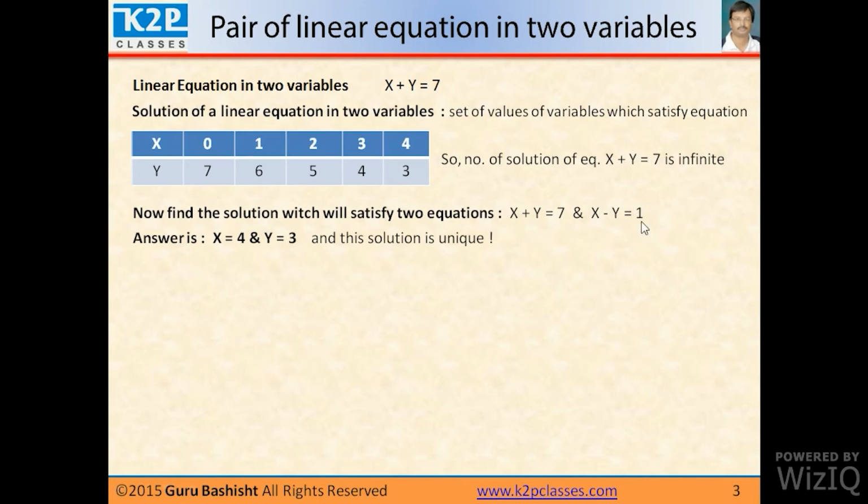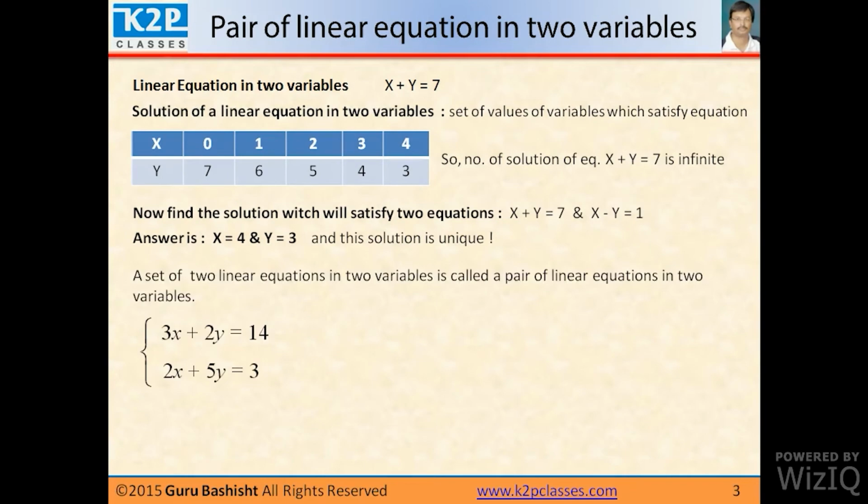A set of two linear equations in two variables is called a pair of linear equations in two variables, like 3x plus 2y equal to 14, 2x plus 5y equal to 3. Now we will see how to solve these linear equations. The first method is the graphical method.